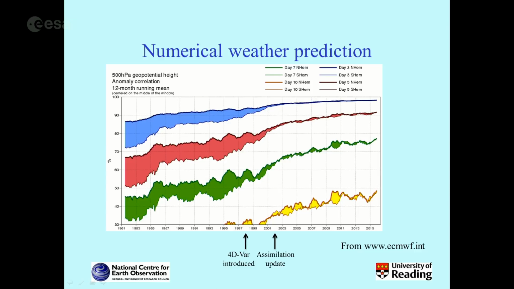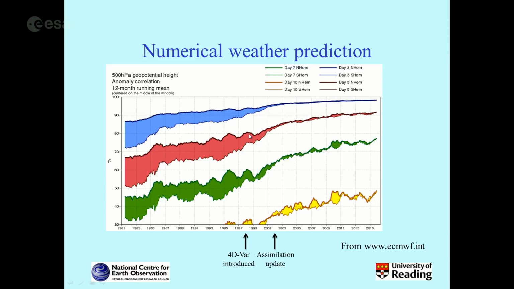This is a standard thing: over the last few decades, we gain about 1 day of predictive skill each decade. But what's interesting is that the top line in each of these is the northern hemisphere and the bottom line is the southern hemisphere. There was a big difference between them, and suddenly they start coming together. Of course, that's due to many factors, including our modelling, but one big thing is being able to use satellite data in the southern hemisphere.